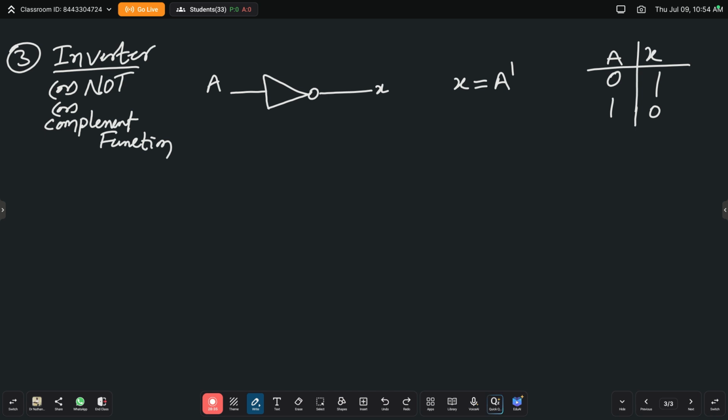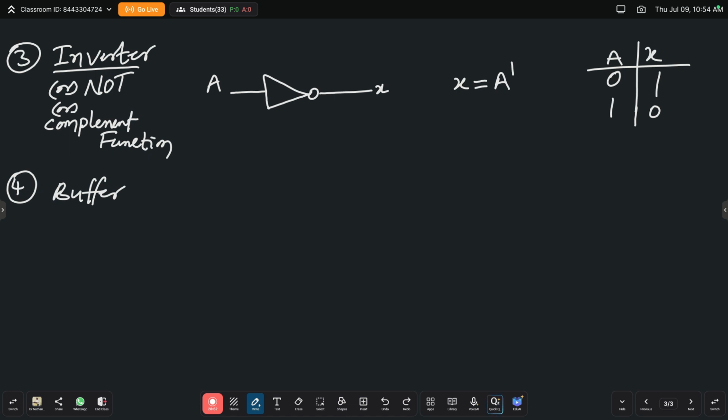Next, the fourth one, buffer. Buffer is nothing but there is no change. Buffering.